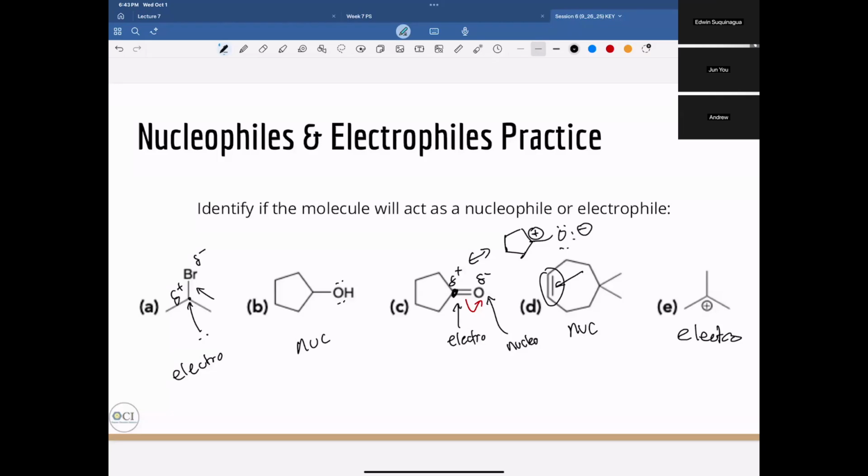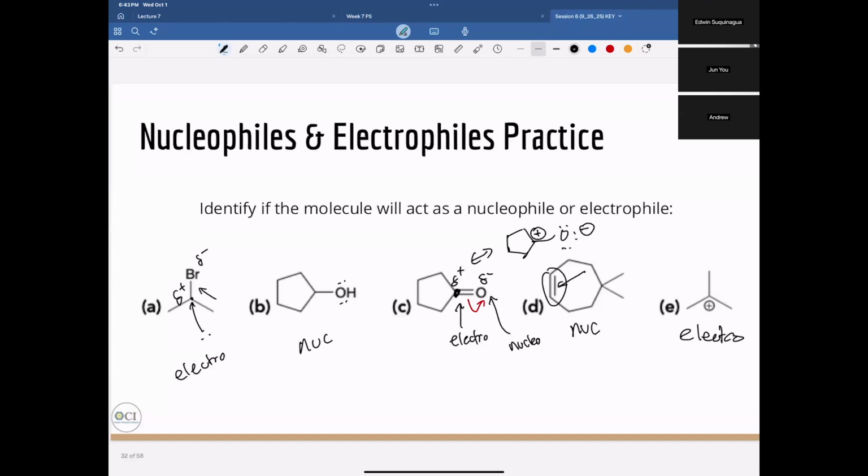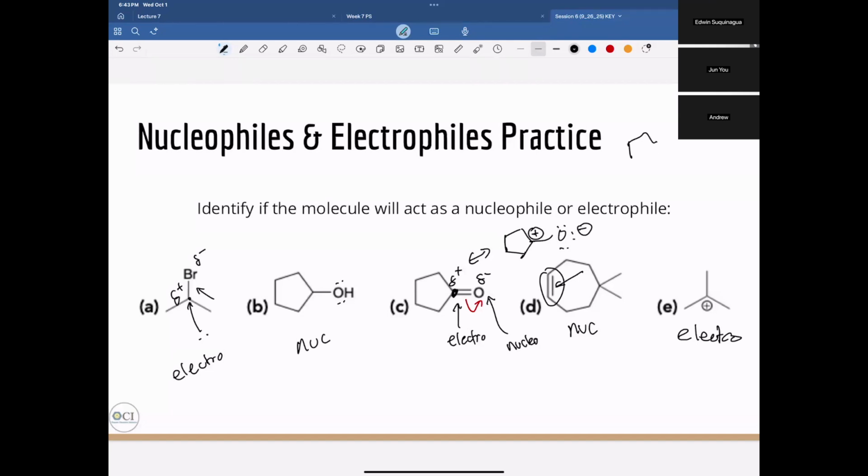Not always, because this branches more into orgo 2 concepts, but if we look at a benzene ring, you can't just use one of those as a nucleophile.